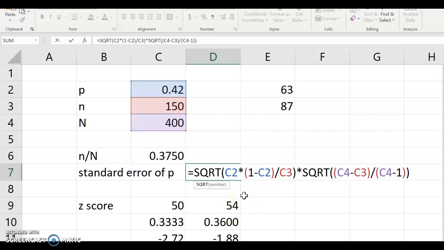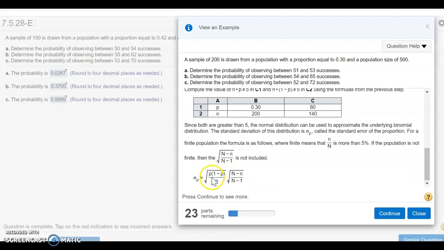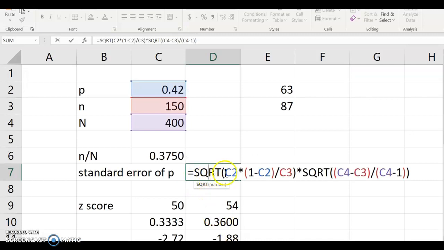Okay, so this is the part that is tricky to put in, but I'm going to talk you through it. So the square root of p times 1 minus p divided by n. So the square root of parenthesis p, which is 0.42, times 1 minus p, 1 minus 0.42.